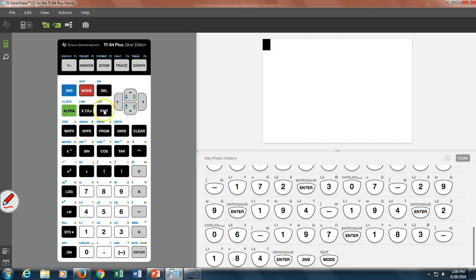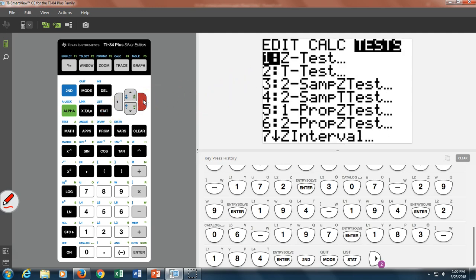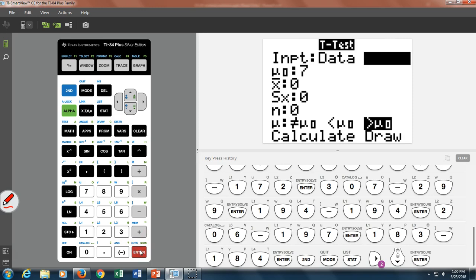I'll quit this. I'll go to stat. Now you see we only have one column of data now that we just created by subtracting those. So the neat thing is you can go back to something you've used several chapters ago. You can just use your t-test. And so I will do that. I'm going to enter data because I need to enter that L1 column.